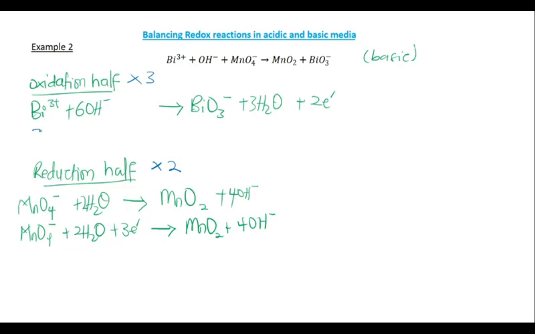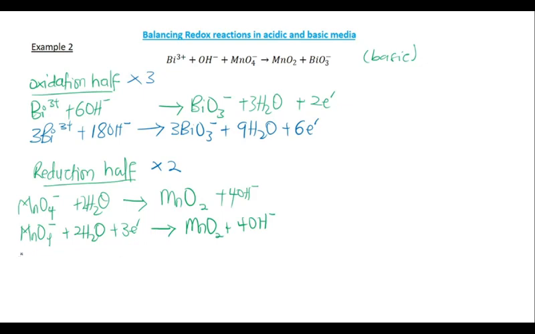So let's do that. We have 3 moles of this, 3 times 6 will give us 18 OH minus, giving us 3 BiO3 minus, plus this is 9 H2O plus 6 electrons.